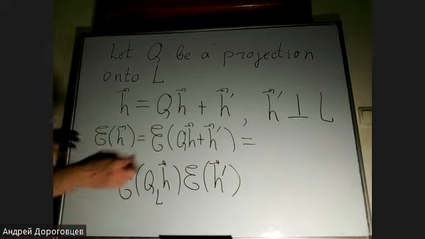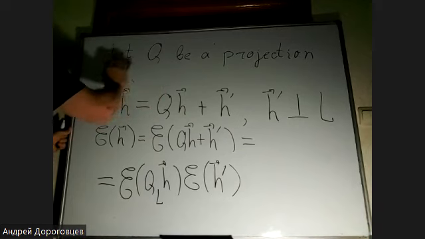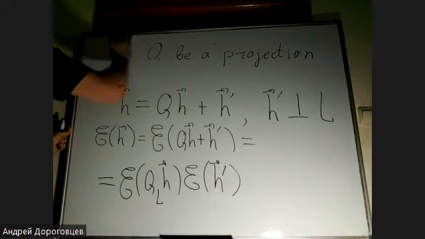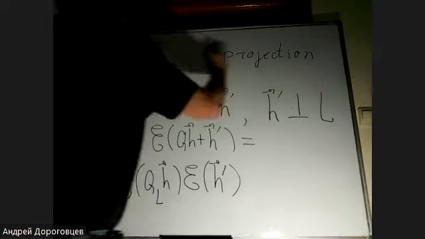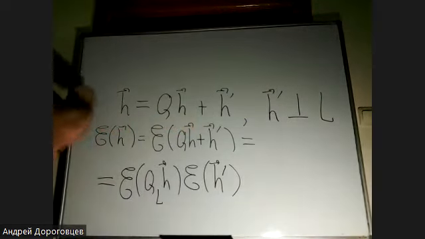Now let me recall that we have a standard Gaussian vector and its covariance matrix is identity.